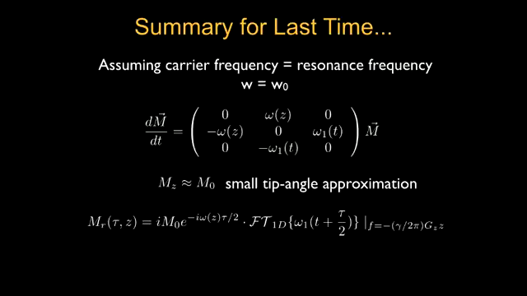For example, we may want a slice profile with a really sharp transition band but not care about the rippling artifact. Or we really want to suppress the rippling outside the band but don't care about the transition band, and so on. Depending on the situation, you can design the RF pulse for those specific desirable features.